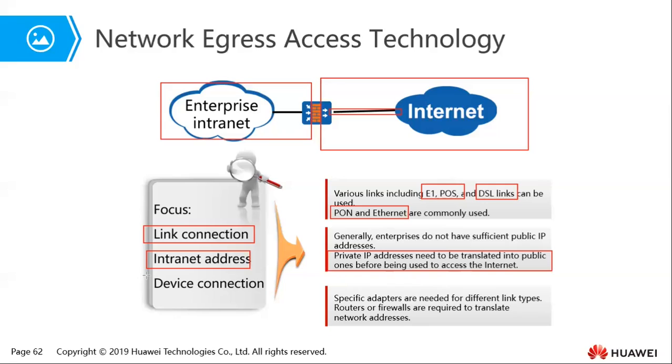And the last thing that you're supposed to consider when it comes to internet connection is the device that you're going to use to connect to the internet. Now, some of the common devices that are used at the network egress might be, for example, routers, or alternatively, you can use a firewall.